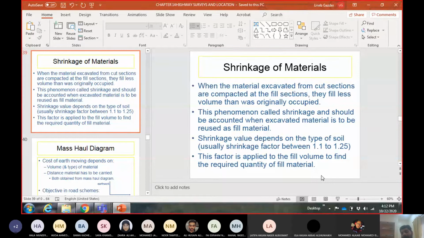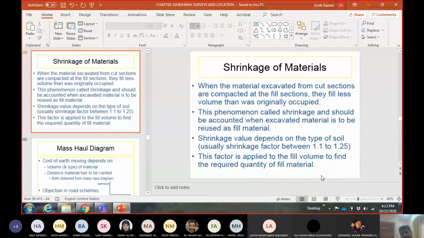Whenever you bring any material to the site to be filled in any given space, that space can be the formwork of a beam, a slab, a column, or just an excavated hole, and you fill it because you want to put some load on it, the first thing you will do after filling is compaction.